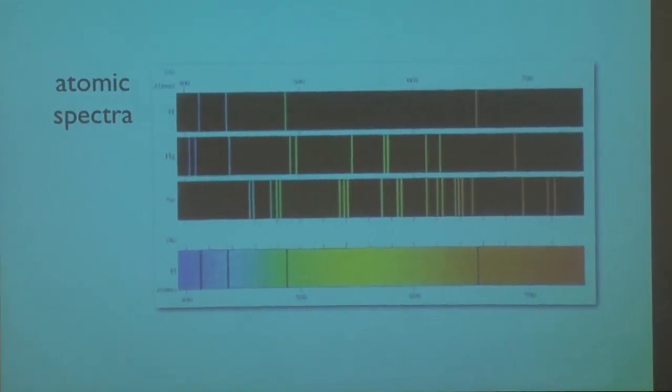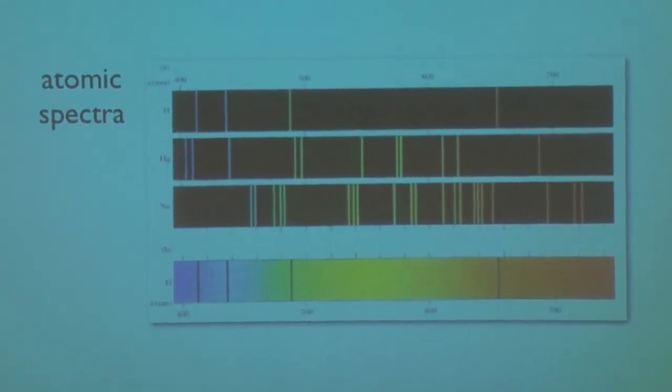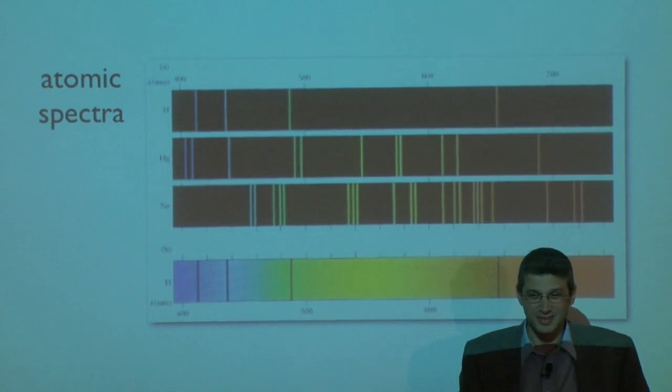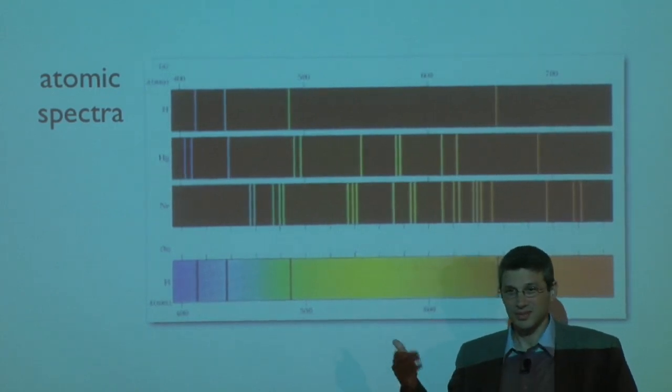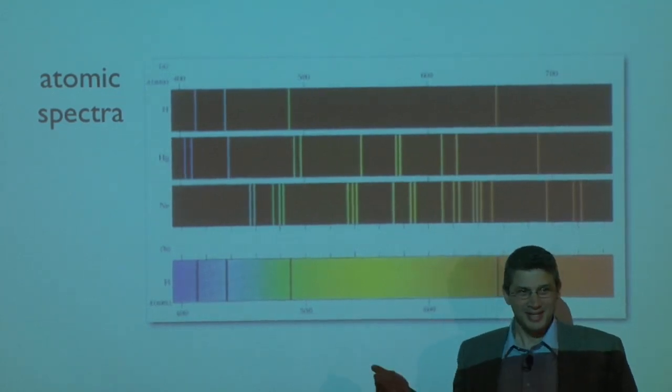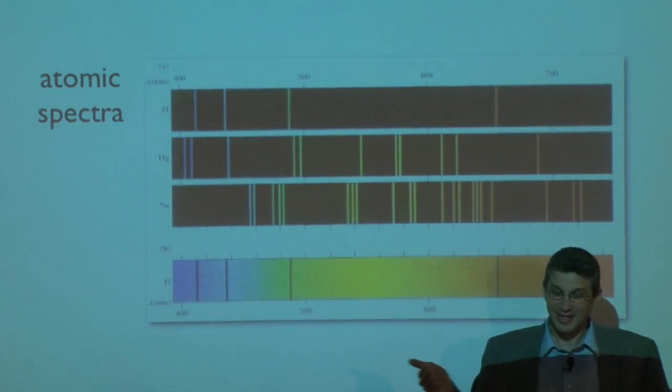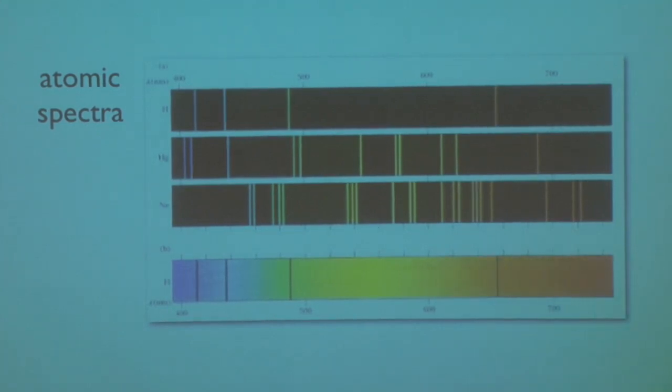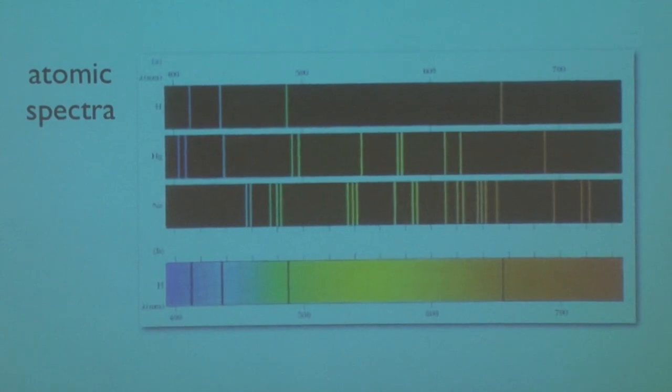So why? How could that possibly be? Now we say, well, it's just quantization, particle in a box, which I'll get to in a sec. But back then, they didn't have particle in a box. They didn't have Schrodinger. They didn't even really know whether light was a particle or wave or what. They were really grappling with that.